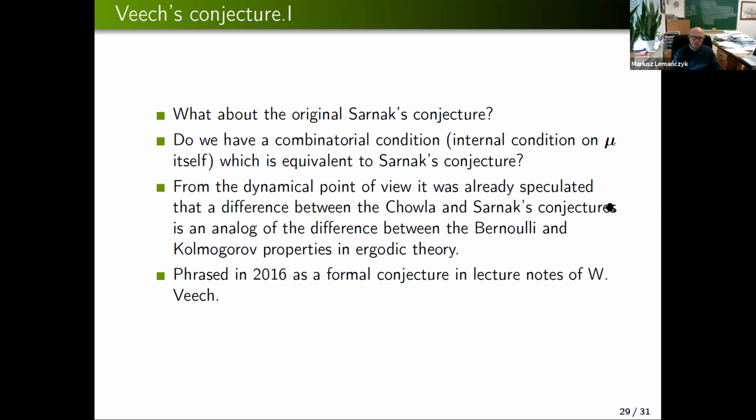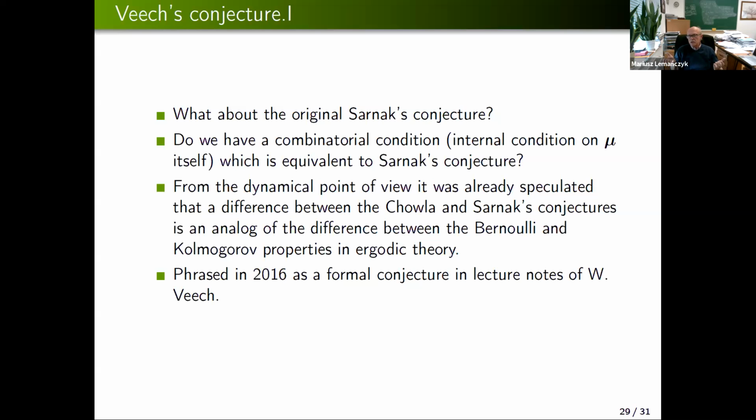So from the very beginning it was a kind of speculation that in ergodic theory, if you think about systems which are orthogonal, whatever it means, to zero entropy systems, on one hand you have this complete chaos, Bernoulli systems, so independent processes. But in fact, these are not the only systems which are completely different from zero entropy systems.